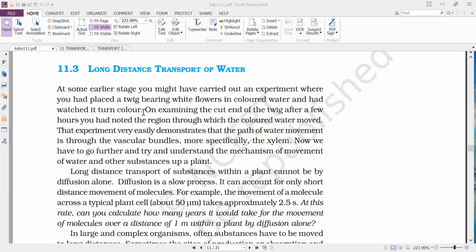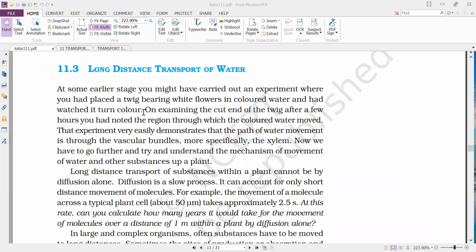The colored region in the section of that twig is the region where the vascular bundles are present. That region turns colored, indicating that it is the region where transport of substances will occur.